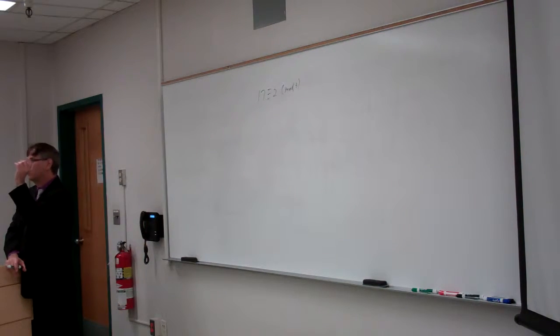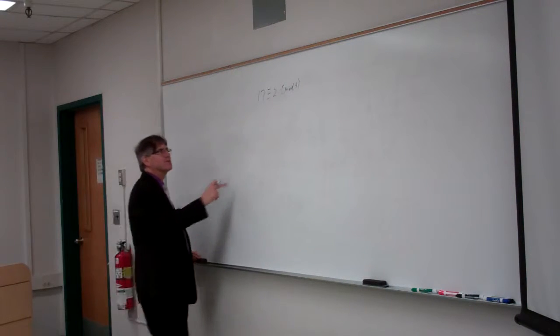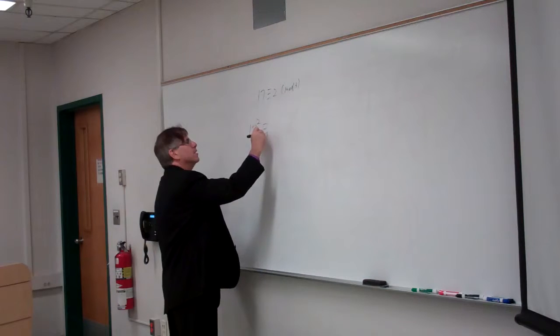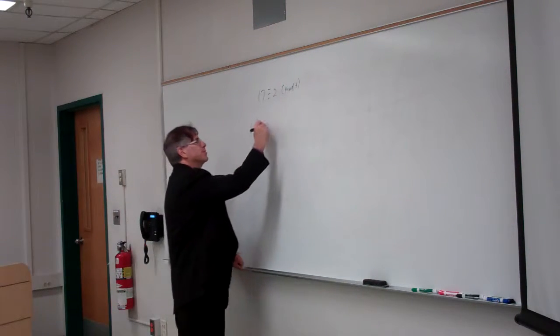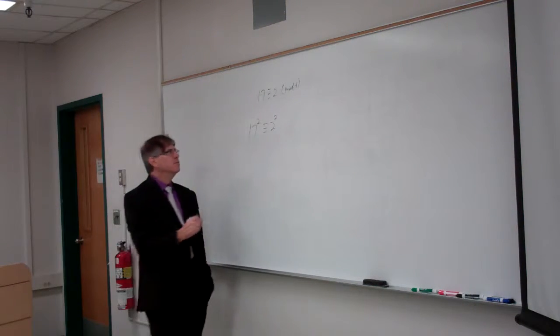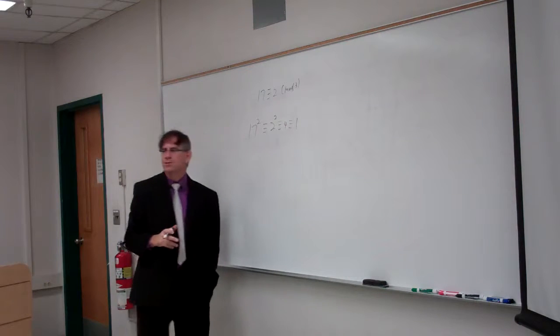This small, what we call a ring of integers. And for example, if I know 17 is congruent to 2 modulo 3, I know 17 squared is going to be congruent to 2 squared, which is 4, and I know 4 is congruent to 1 modulo 3.